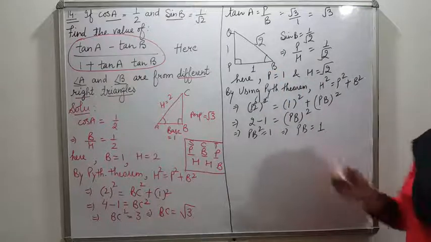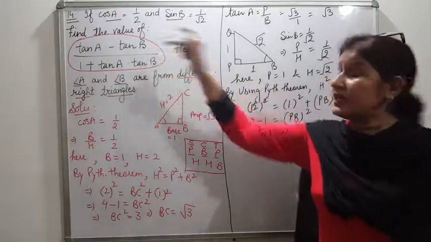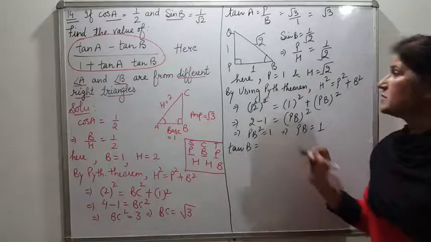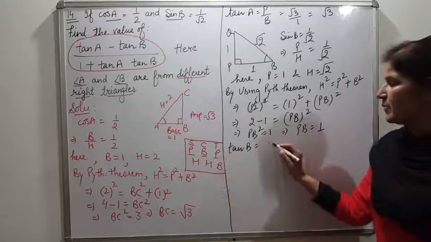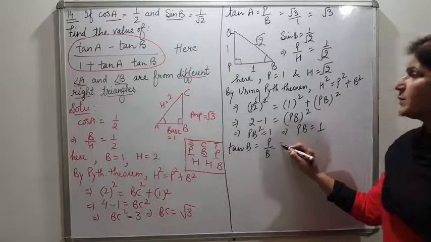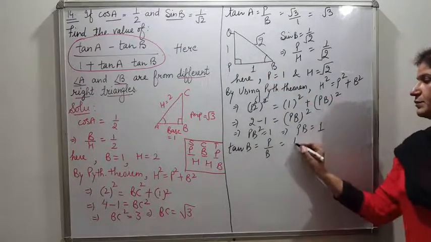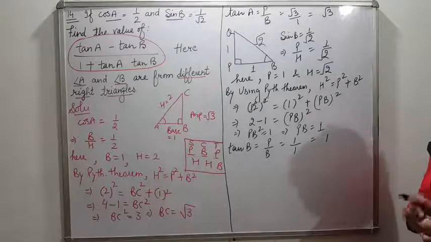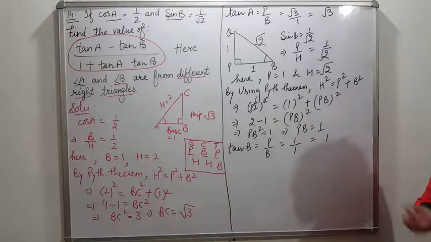Using this, what you have to find? Value of tangent B. So value of tangent B equals P over B, perpendicular over base. What is perpendicular? 1. Base is 1, so its value is 1. What you have to find at the end? We will take the given term.